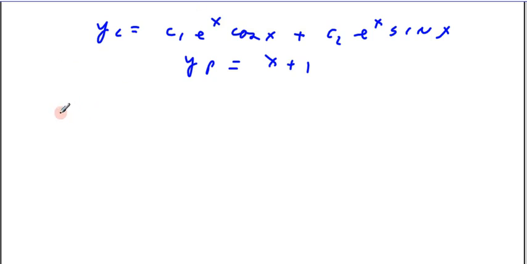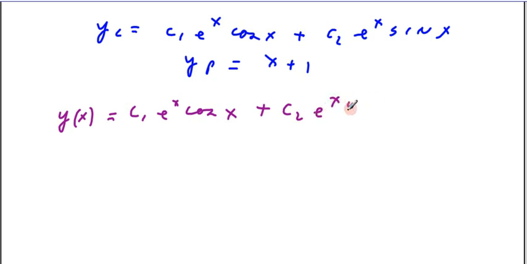Okay, so y of x is going to be c1 e to the x cosine x plus c2 e to the x sine x plus x plus 1. Yes, that's lovely. Y at 0.